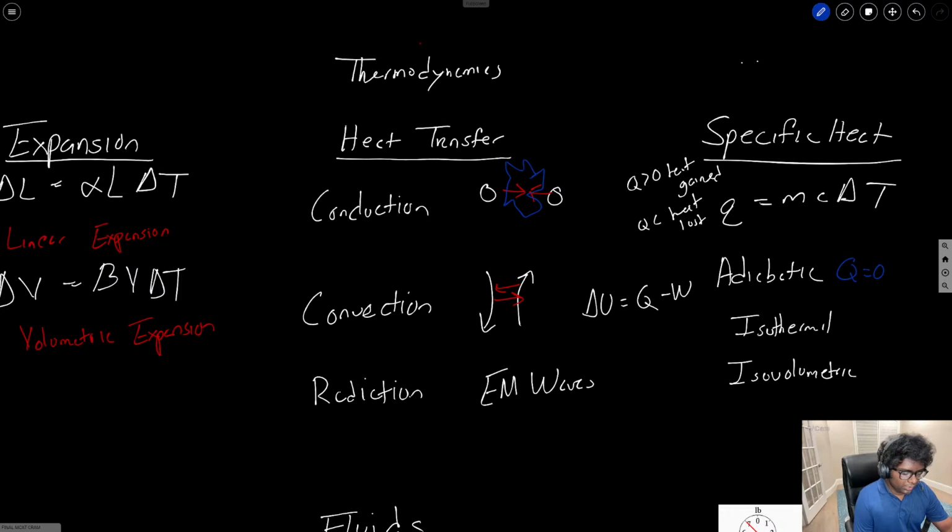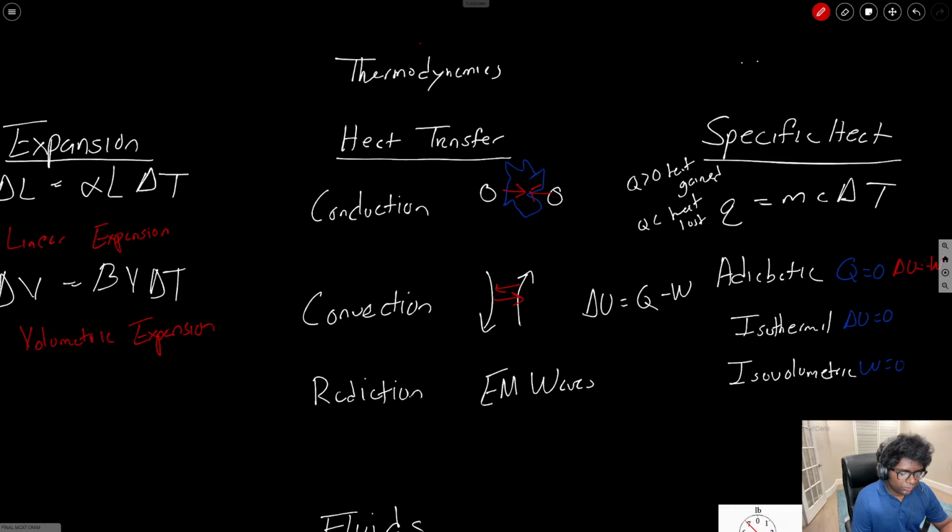For isothermal, it's delta U equals 0. For isovolumetric, this is W equals 0. So like I said, when Q equals 0, delta U equals negative W. My thing is blocking right here. Sorry, guys. I'll draw that just a little. Yeah, it's more readable.